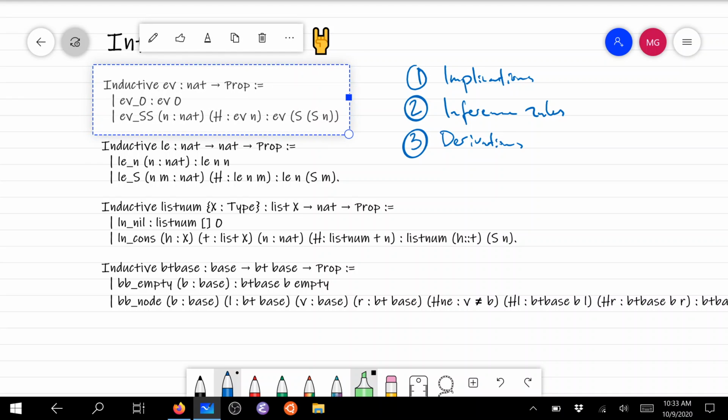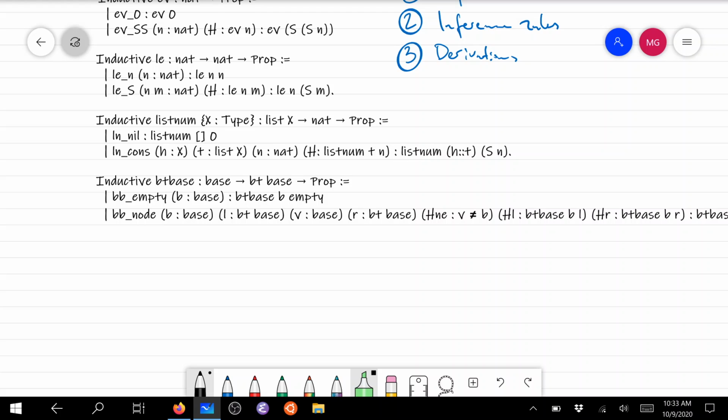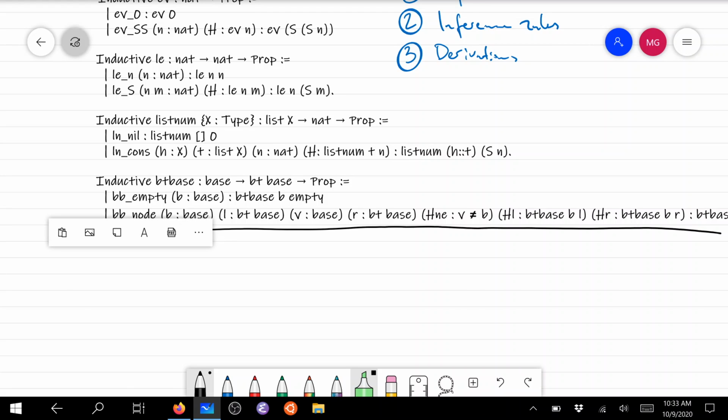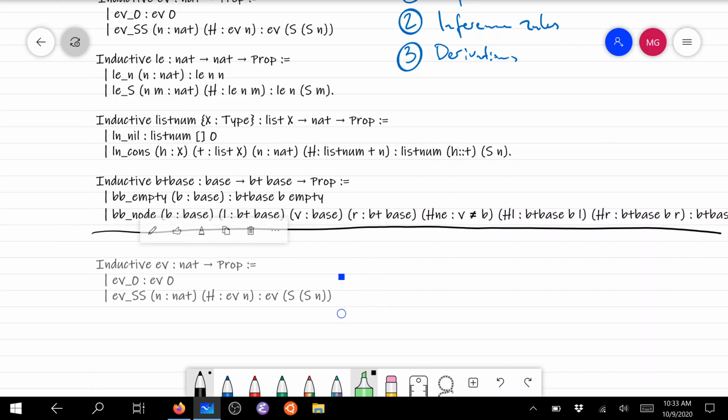Here's EV. Let me copy that and move over to a little workspace down here. Okay, so EV. The first thing we should do is translate these constructors, which I also call evidence.